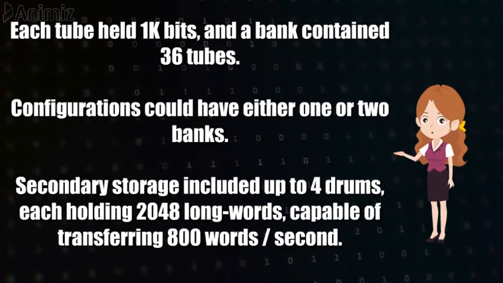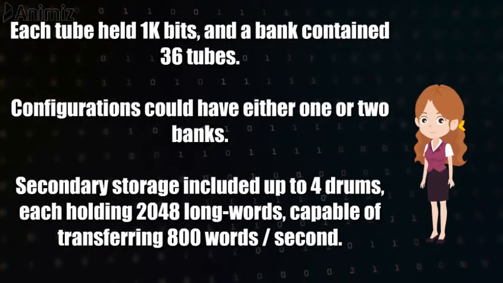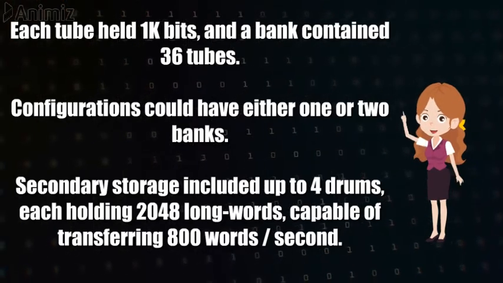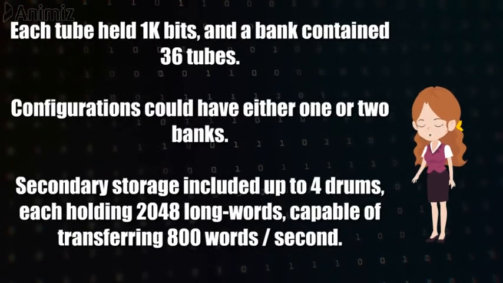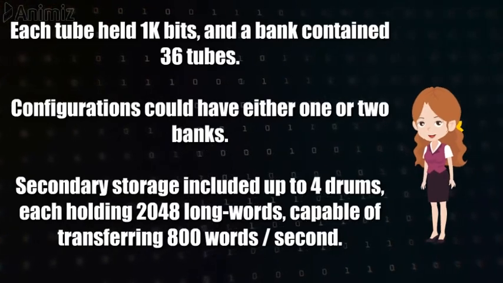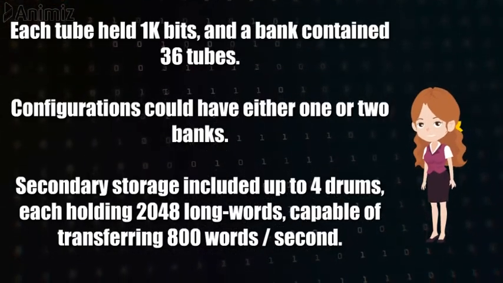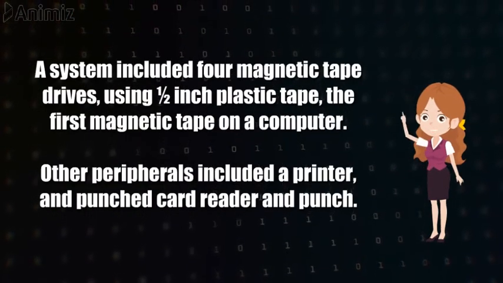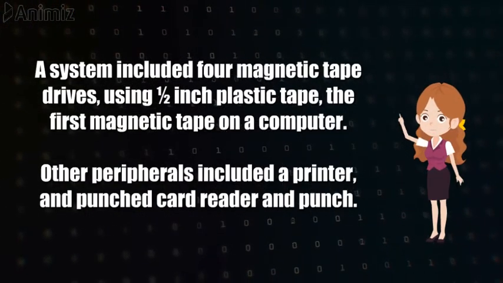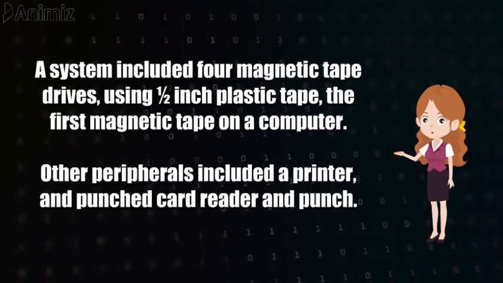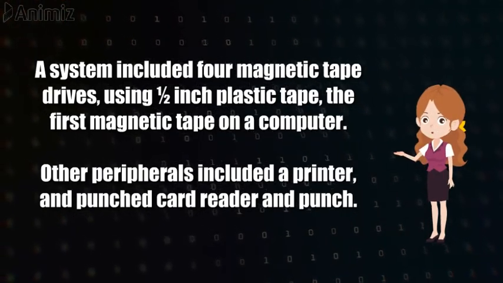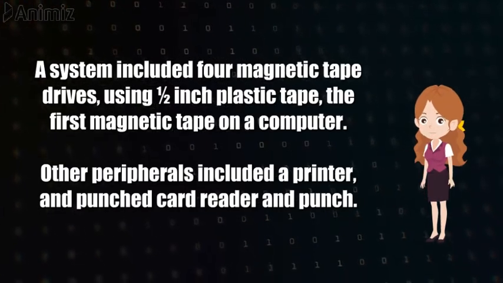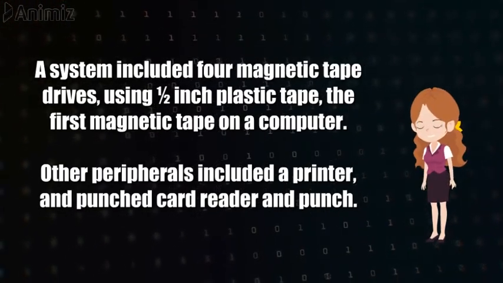Configurations could have either 1 or 2 banks. Secondary storage included up to 4 drums, each holding 2048 long words, capable of transferring 800 words per second. A system included 4 magnetic tape drives, using 1/2-inch plastic tape, the first magnetic tape on a computer. Other peripherals included a printer, and punched card reader and punch.